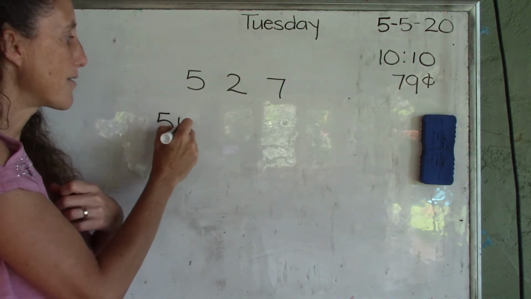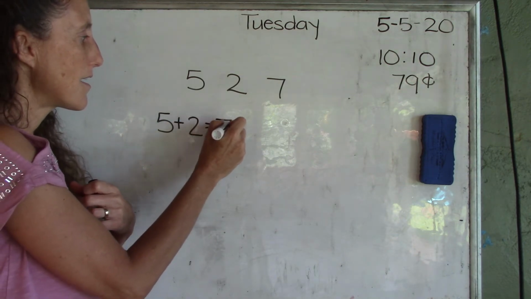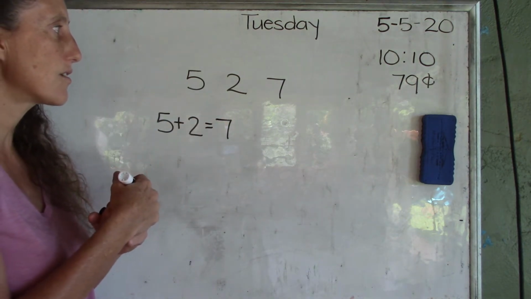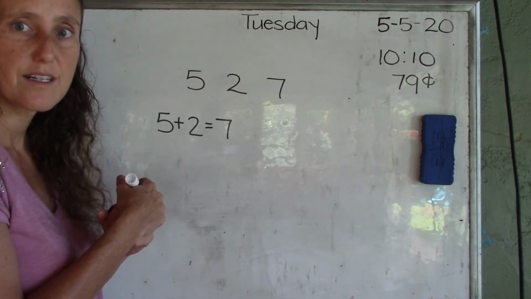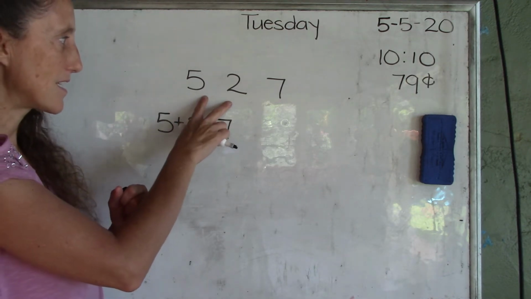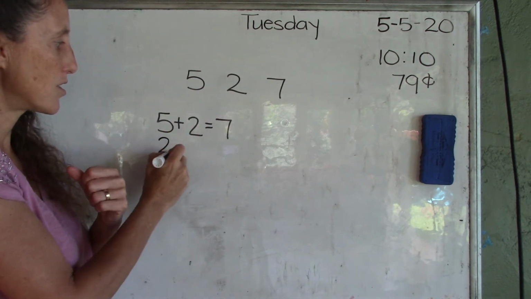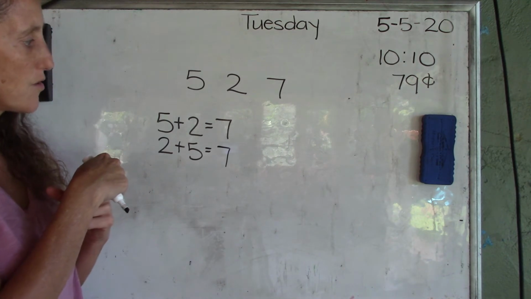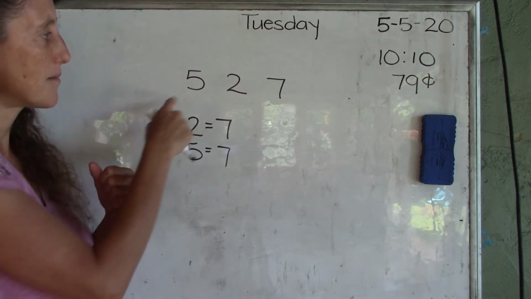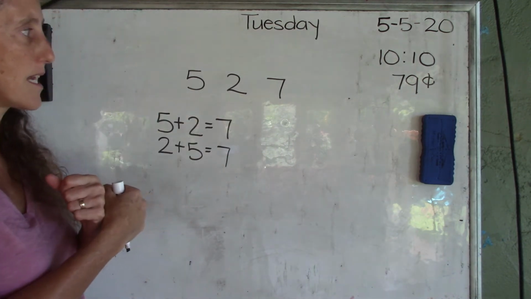So I kind of already wrote it that way, right? Is there another addition or plus problem I can make with just those three numbers? I could switch around these two numbers, 2 plus 5. That still equals 7. So those are my two addition problems that I can make using these three numbers.